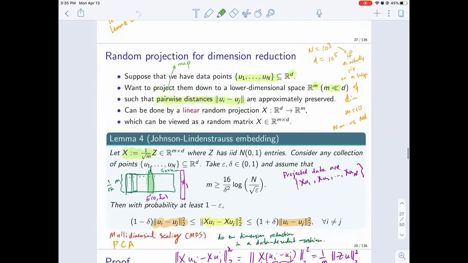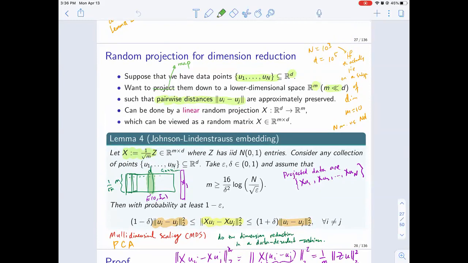Let's say I have capital N of them, which could be in the thousands, or 100,000. The dimension of these objects, they could be images, they could be gene expression data, is generally big. So 10^5, let's say 10^6, or 10^4 even.